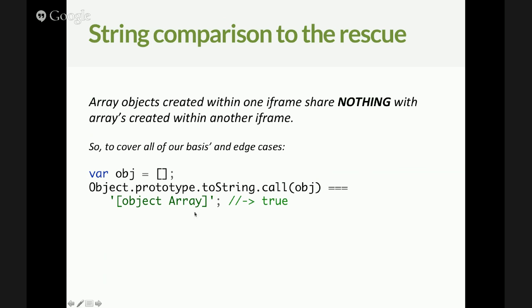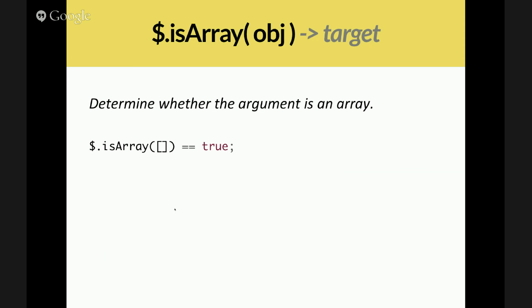And returns a string like that. So the trick is to call this function like this and then just check if it returns a string that looks like this, and then you can know if something's a string, or you can know if something's an array, no matter what context it came from. So that is jQuery's isArray.